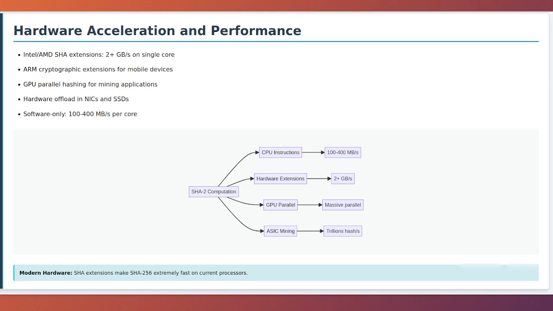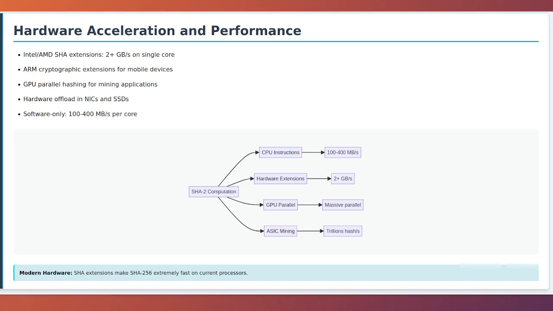economical for Bitcoin mining. In terms of software performance, SHA-256 typically runs at 100 to 400 megabytes per second on a single CPU core without hardware acceleration, and over 2 gigabytes per second with SHA extensions. SHA-512 is faster on 64-bit systems, reaching similar or higher throughput.